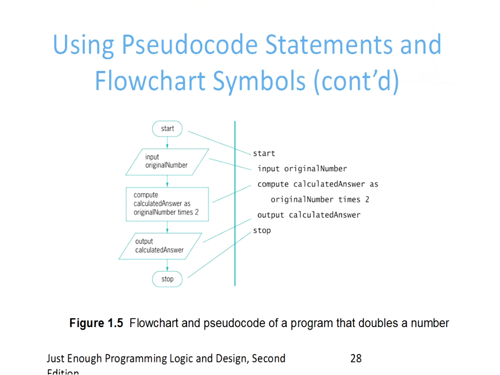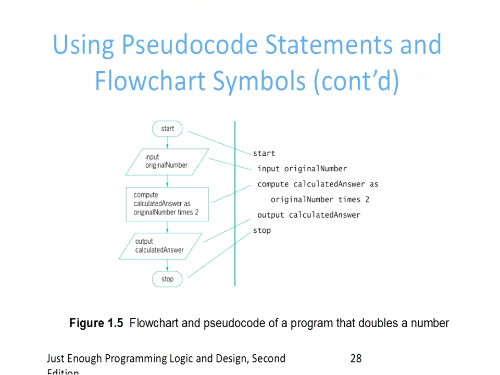So when you write the pseudocode, you need to look at the indentation. Focus on the indentation. What is indented? Start and stop are the most left words in your pseudocode. Everything else is indented at the same level. If you look at compute calculated answer as original number times 2, original number times 2 belongs to the sentence above it.